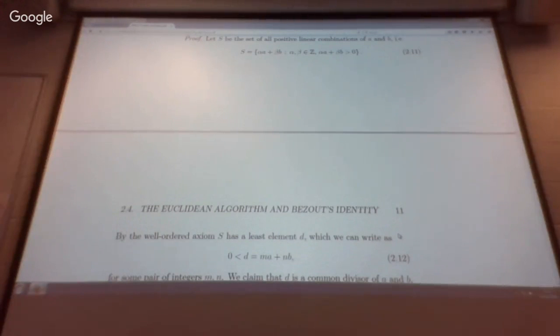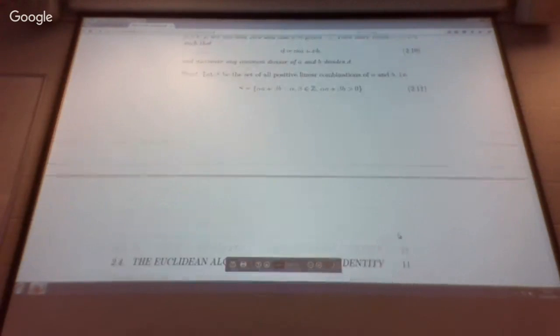So the fact that there's more than 1 kind of suggests that there's an infinite number of solutions. So we'll just leave that question hanging in the air. Is there an infinite number? Can you always generate new pairs of coefficients that will give you the greatest common divisor? We'll leave that hanging in the air.